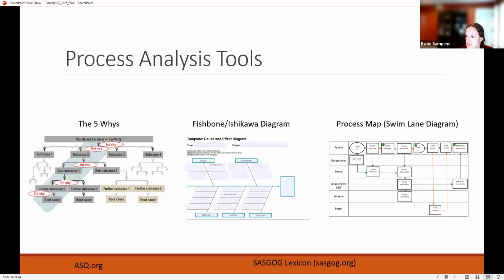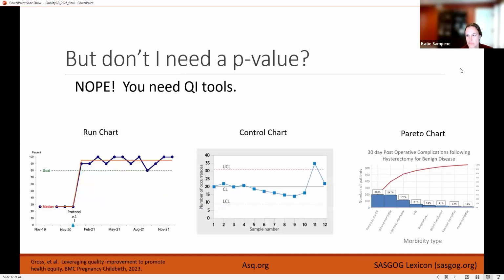These are examples of many, but process mapping will show, and we've done that in our quality committee recently, where you're going through an event that happened and you're trying to retrace the steps and identify where issues may have arisen that you can act on. These other tools or charts are helpful in discerning where you are and where you want to go.